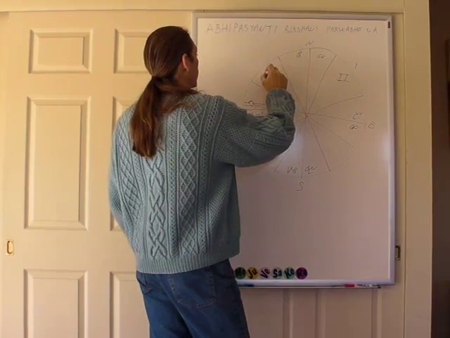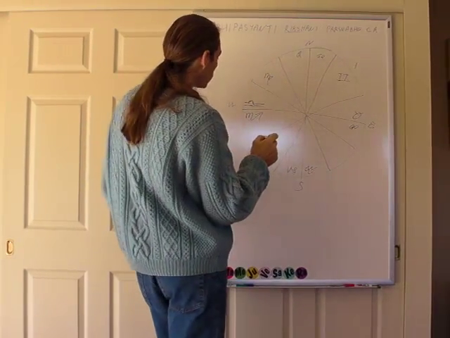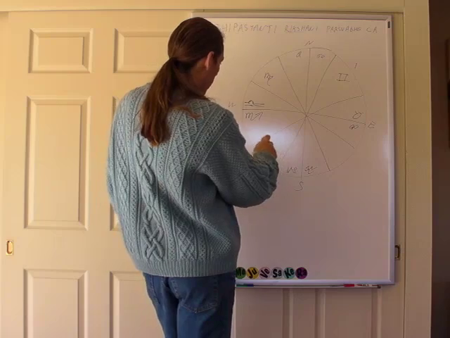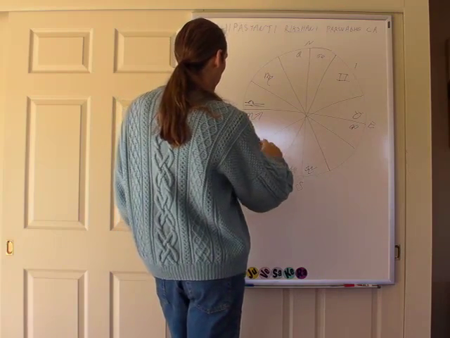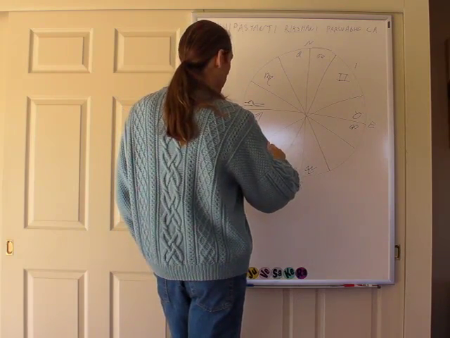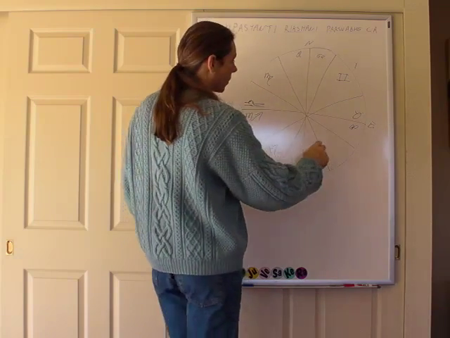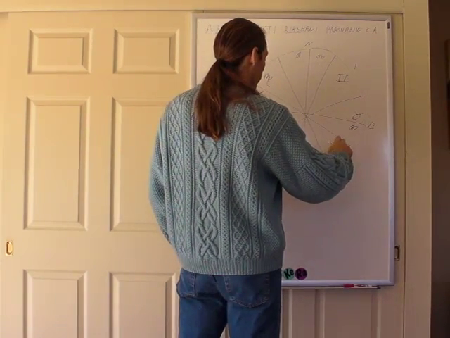Northwest is Virgo. Southwest is Sagittarius. And southeast is Pisces.